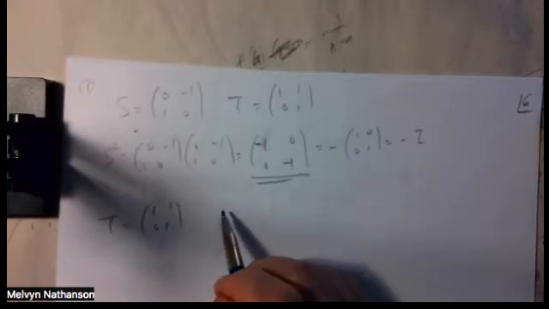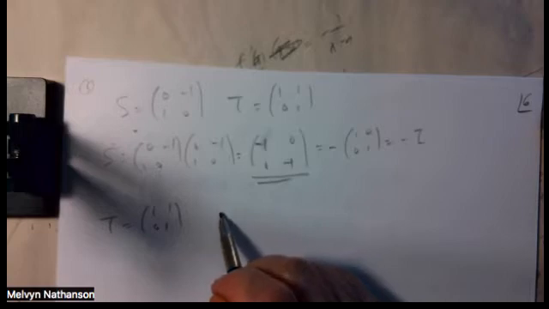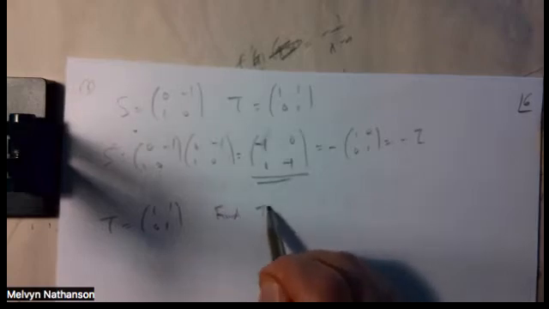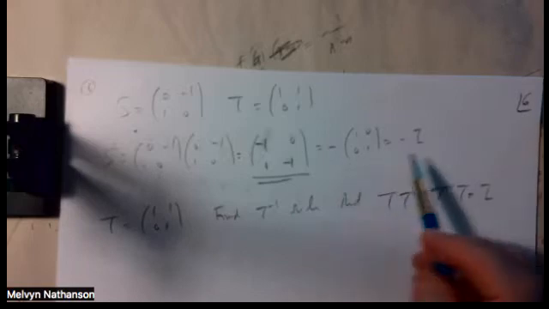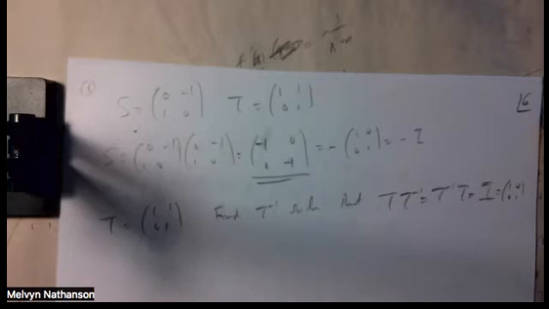If T is 1, 1, 0, 1, we want to find the inverse. So find a matrix T inverse. That means that T times T inverse and T inverse T is the identity. The identity is 1, 0, 0, 1.